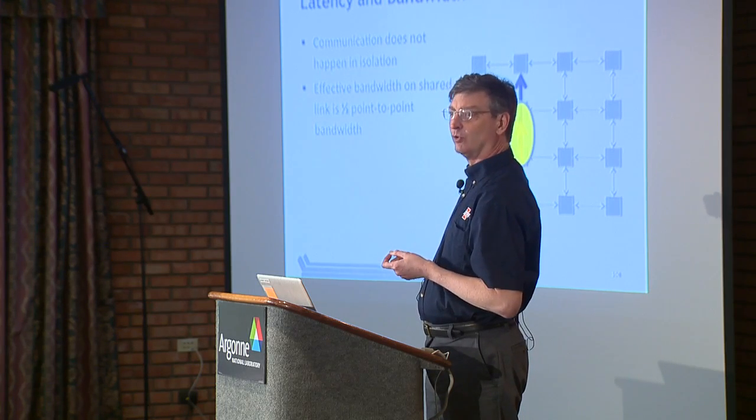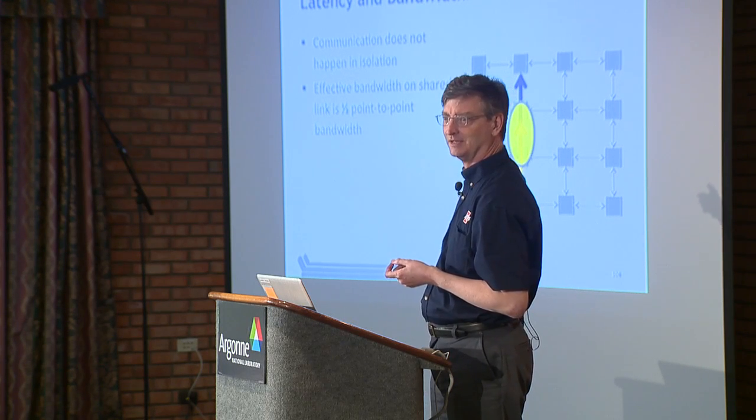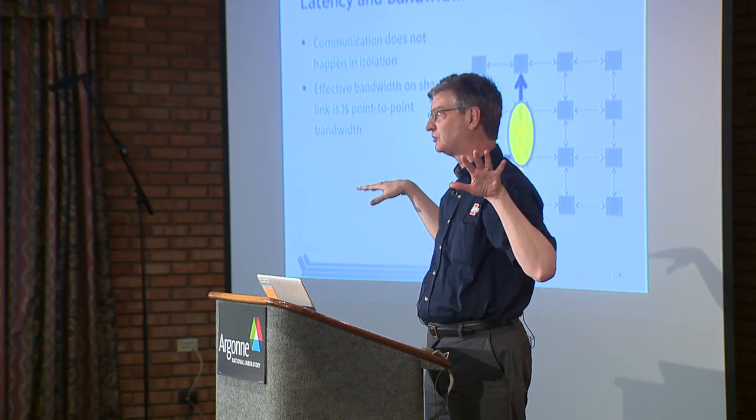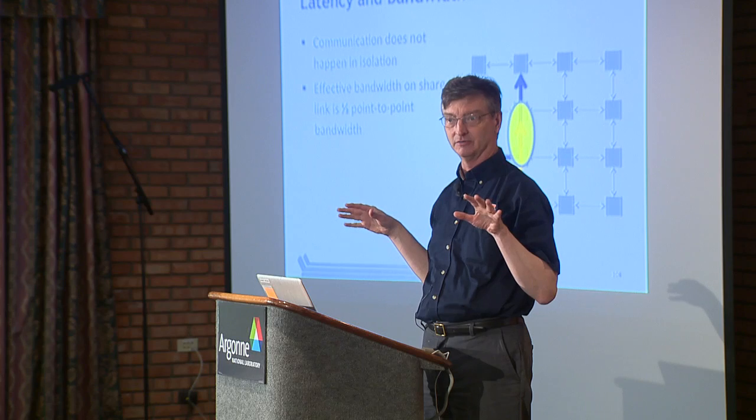And that's a big gap, a big change in your performance. And particularly if you have codes that alternate communication phase and computation, you only have to have one of these. Because then everybody else will end up waiting for the people who are slow, right?